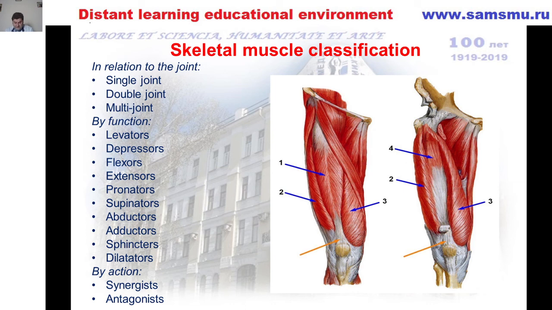A lever of the second kind, lever of force, one shoulder. Here the point of resistance, center of gravity, lies between the fulcrum and the point of application of the force. An example of such a lever is the foot. The place of support is the head of the metatarsal bones.